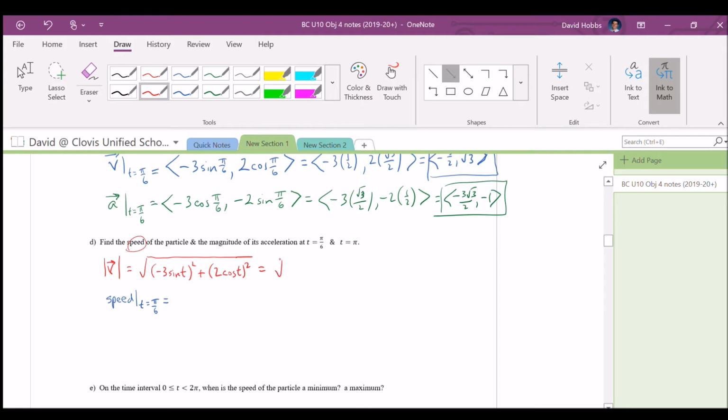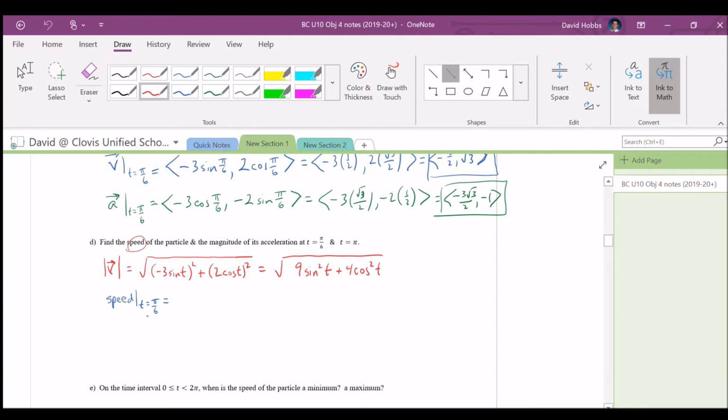In general, that is 9 sine squared t plus 4 cosine squared t. So that's the speed of the particle at any time t.